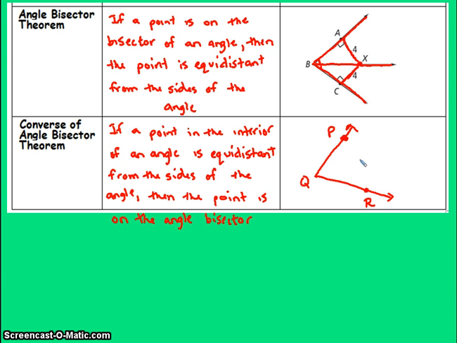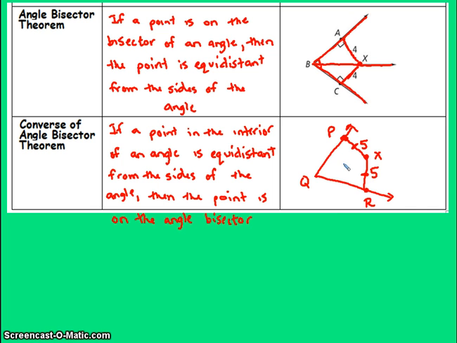And I give you this point X, and I tell you that the distance from X to P is 5, and the distance from X to R is 5. And so we know that this segment XP and this segment XR are congruent.